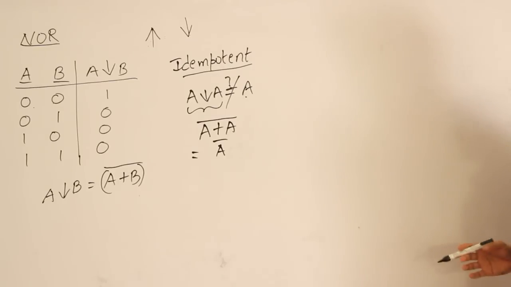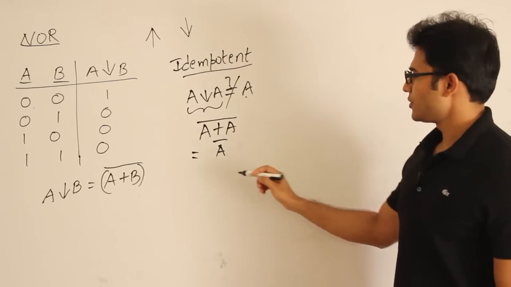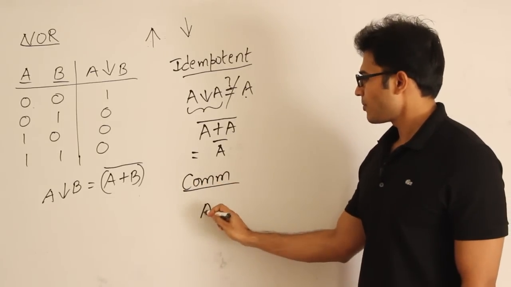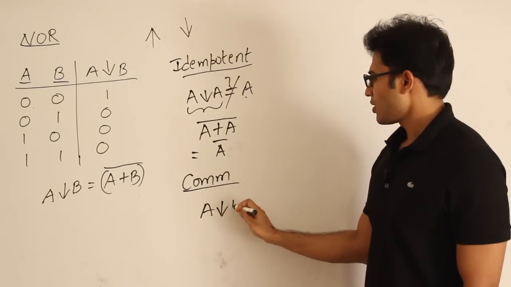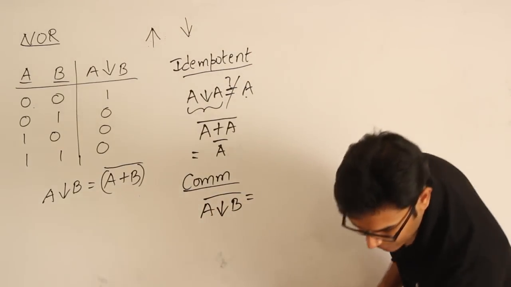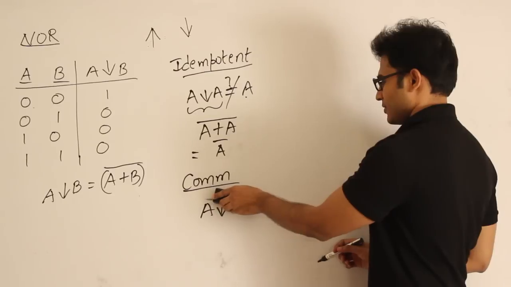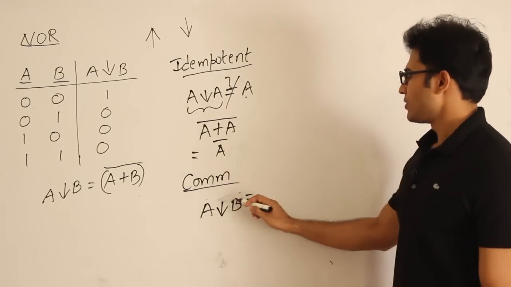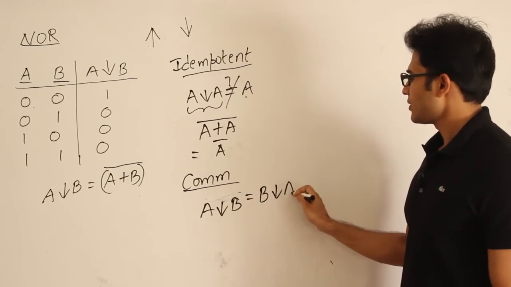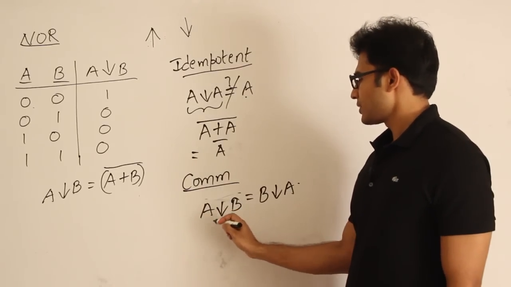Now let's see whether it is commutative or not. Commutative means if I have two operands, A NOR B should be equivalent to B NOR A, right? Now let's take the LHS.